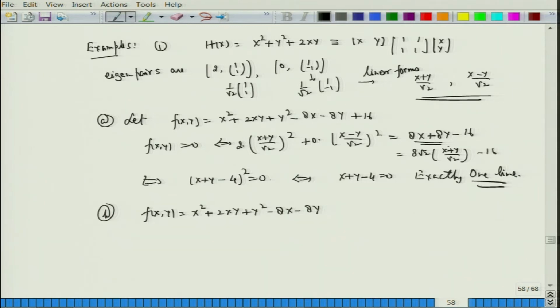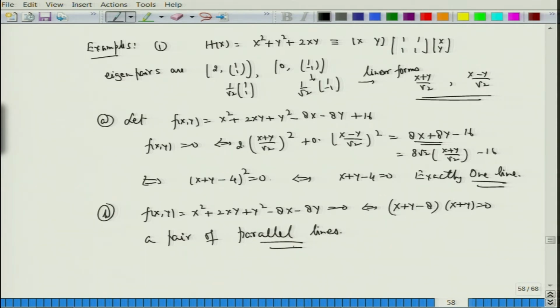Fine. So look at it nicely. What I will get here is that this is equal to 0 if and only if x plus y minus 8 into x plus y is 0. Fine. So I get a pair of parallel lines. Recall that I had got that set also, parallel lines, in the previous class. Go back and have a look at it yourself, you will get that part.